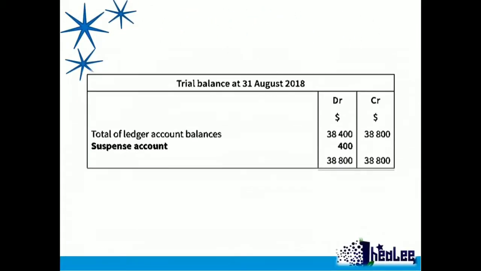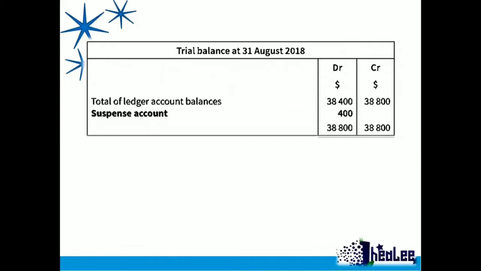Upon realizing that the totals do not agree, what you would do is find the difference between the two sides. The difference of 400, which is short on the debit side, you record in an account called the suspense account, because the reality is you're left in suspense. You don't know where the error is.